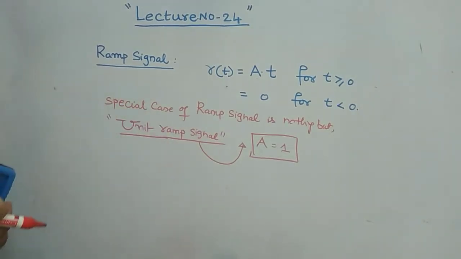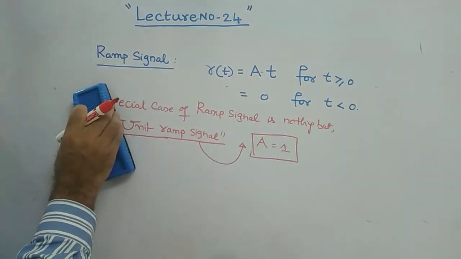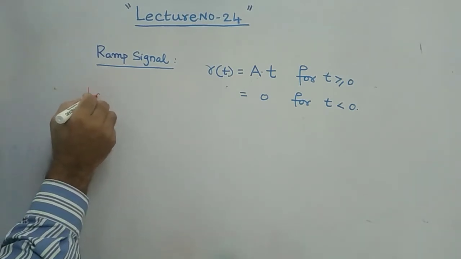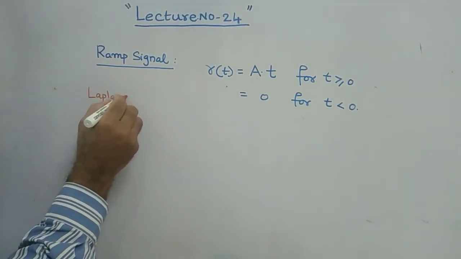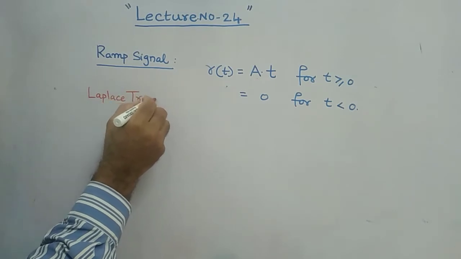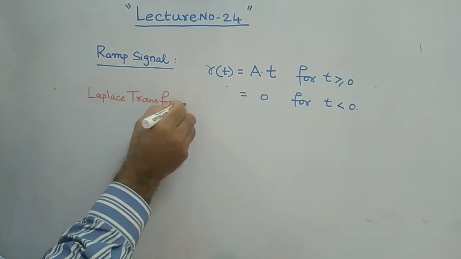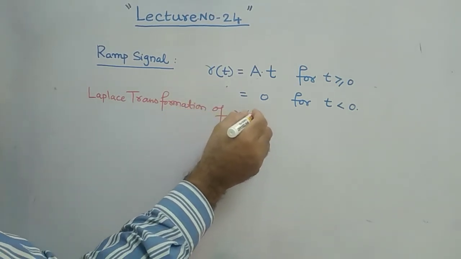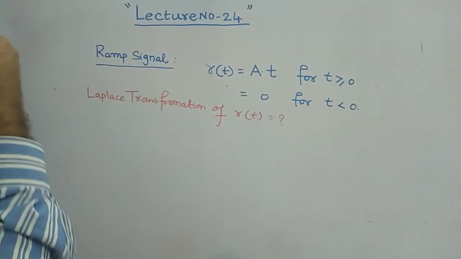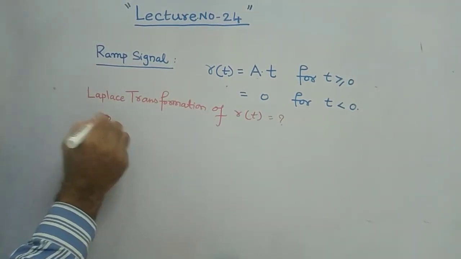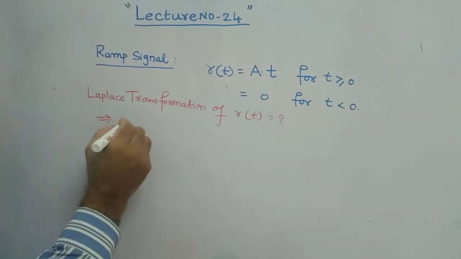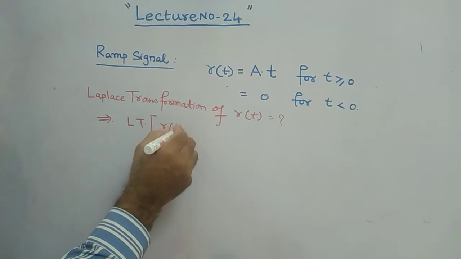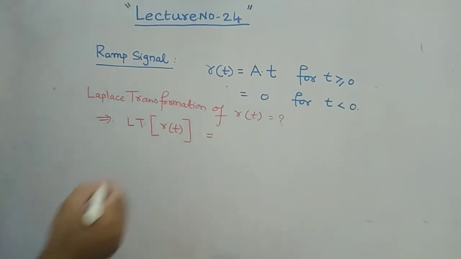Now, let us see what is the Laplace transformation of this r of t. The Laplace transformation of r of t is equal to what? As we have seen in our last presentation, the Laplace transformation of r of t is equal to, what is the definition?